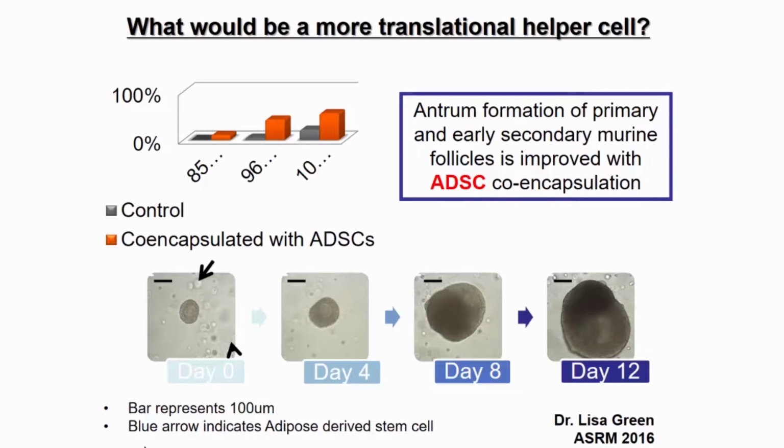So we did very similar work. We tried to encapsulate primary tiny follicles with adipose-derived stem cells, and you can see all those dots are cells, and the circle in the middle is the follicle. We would put it in alginate, and it would grow nicely with improved antral formation, and then nice survival of the follicles.